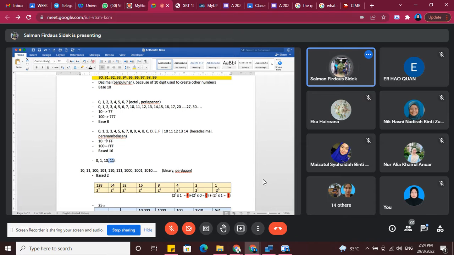And how to make up 4 using binary digits? Similar, use the same concept. We combine 1 with 0 and 0, and then 1 with 0 and 1.